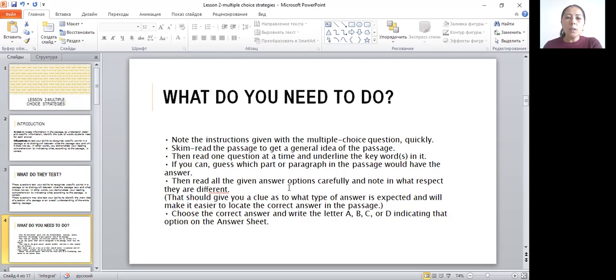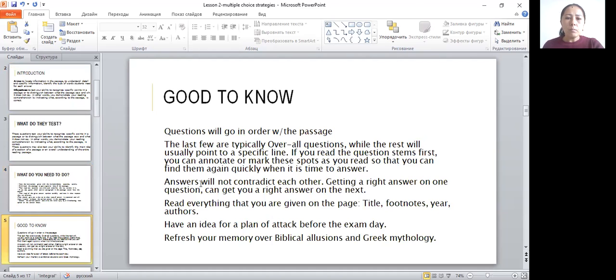Then read all the given answer options very carefully, compare your own answer to the options, and find the appropriate answer to the question. Choose the correct answer, and of course the last point is writing the answer, A or B or C or D, indicating that the option is C. And there are some helpful hints for finding multiple choice answers.